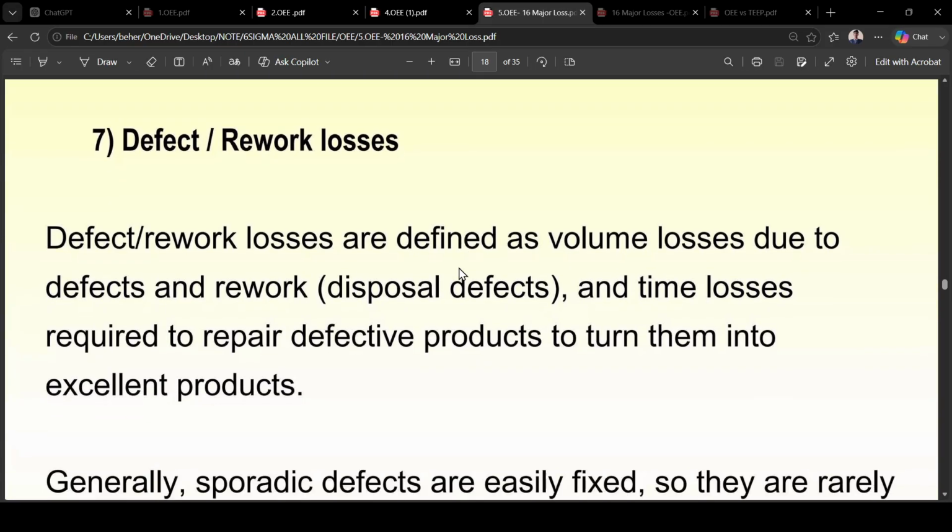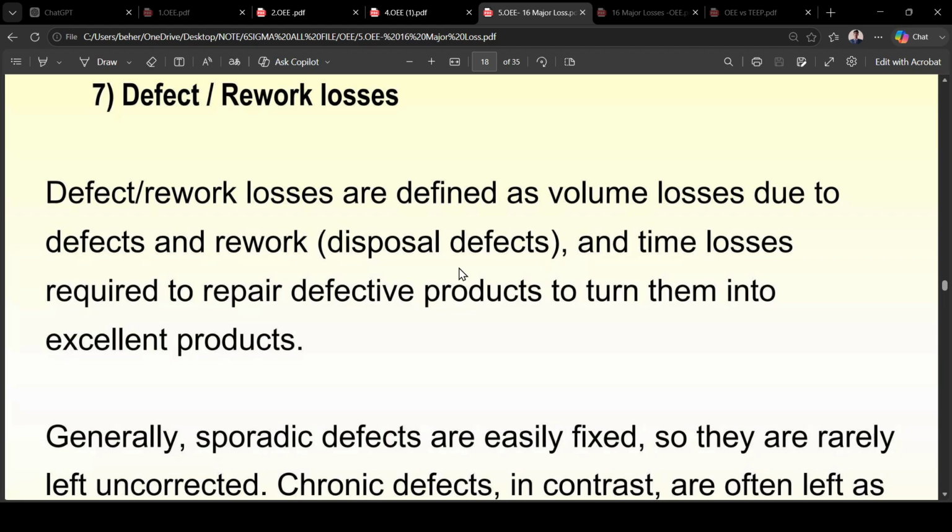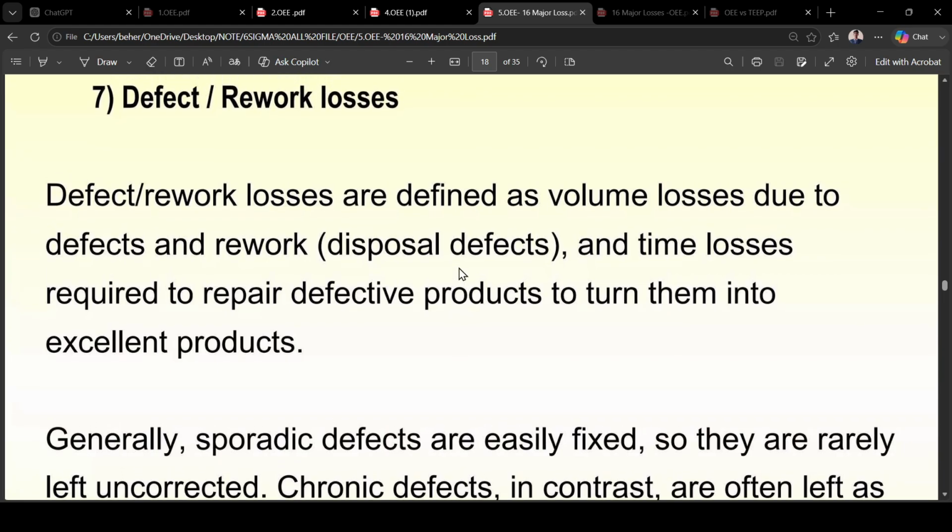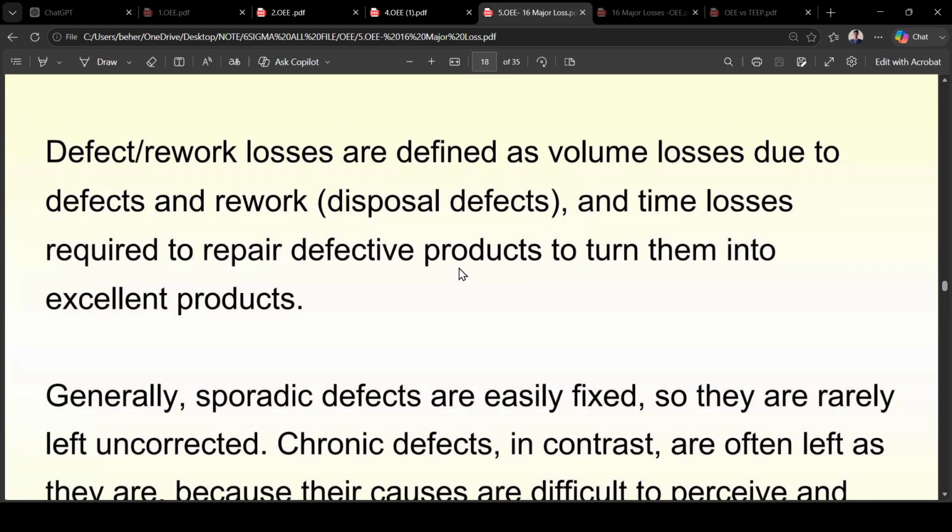And defects or rework losses. You can read that in defect and rework losses.